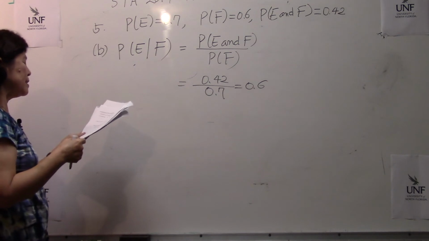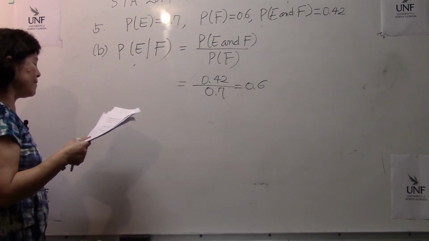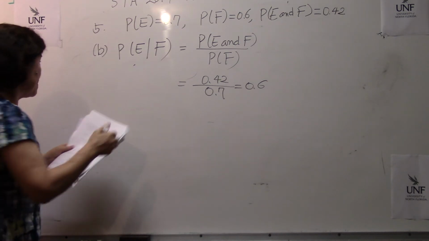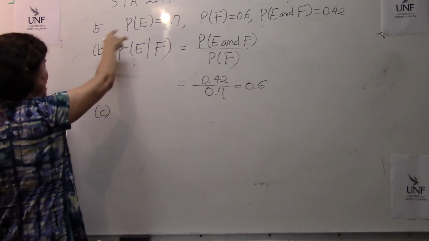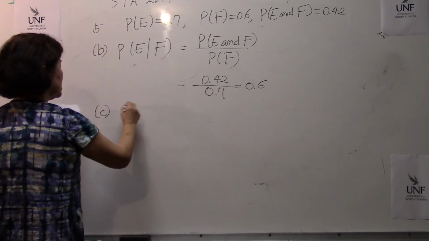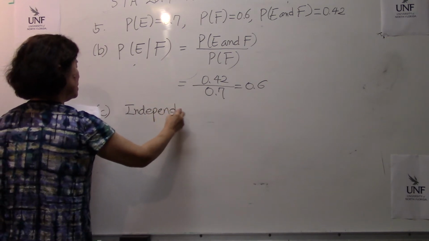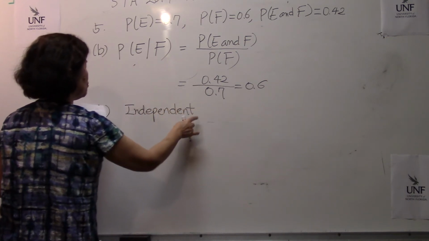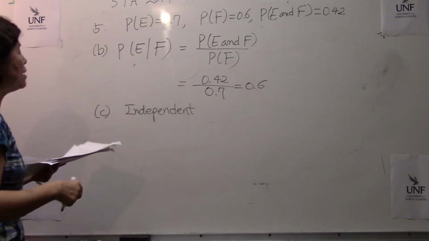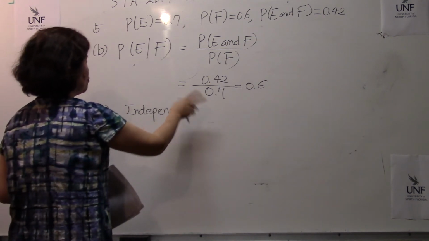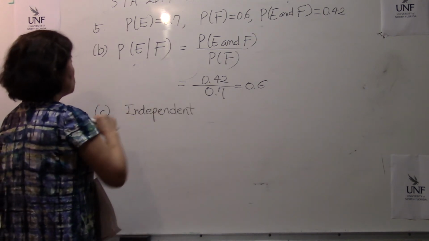The last question is interesting. Are the events E and F independent? Do not go with just your perception, okay? You may get a wrong answer because of a wrong perception.